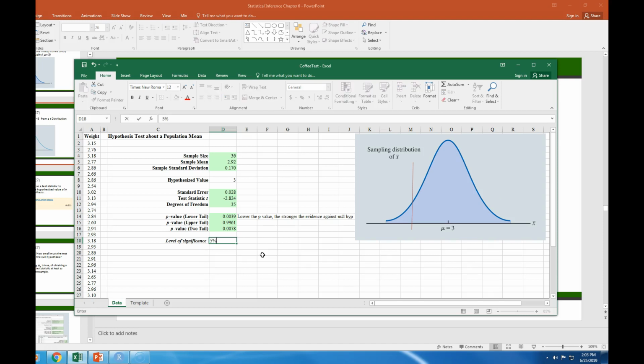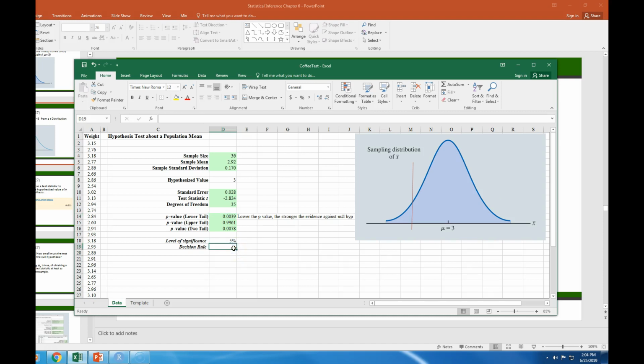So if we set the probability of making a type 1 error as 5%, then the decision rule is that if your p-value, this number, is less than 5%, then we reject the null hypothesis. But if this p-value is higher than 5%, then we accept the null hypothesis.